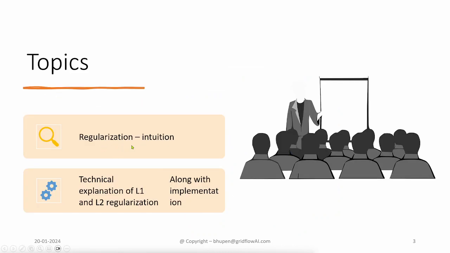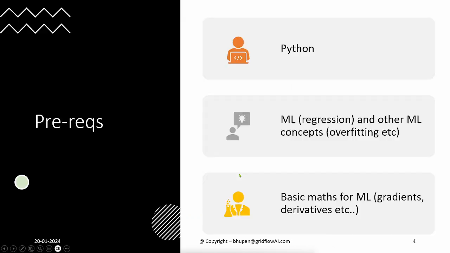The topic is divided into two parts. One is regularization. The first part we will cover is the intuition behind regularization. Why do we need it? And we'll take some simple example to understand regularization concept. Then in the second part, we will deep dive into technical explanation step by step of L1 and L2 regularization.